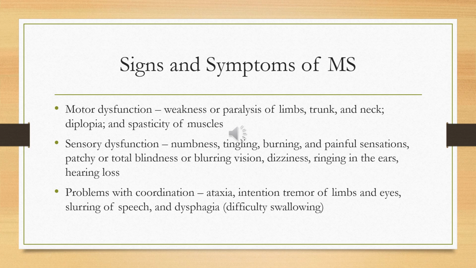And as far as coordination, ataxia, so difficulty walking, and difficulty swallowing at some point, slurred speech. So of course, when we're talking about weakness, paralysis, difficulty walking, we've got to do our falls precautions.